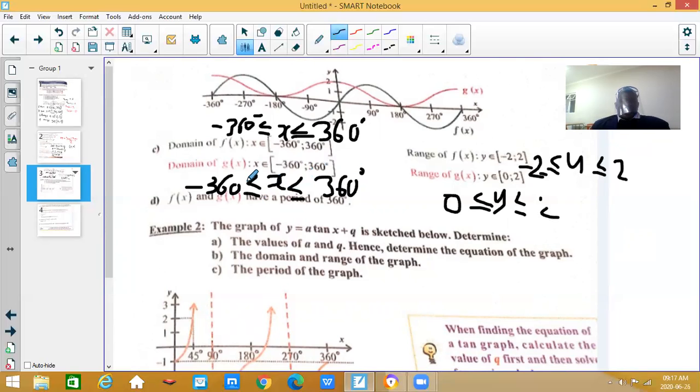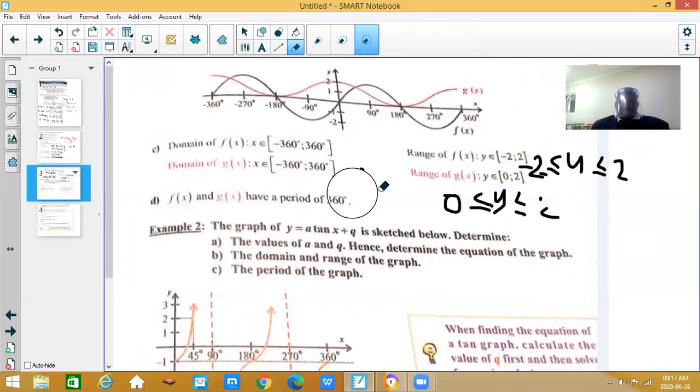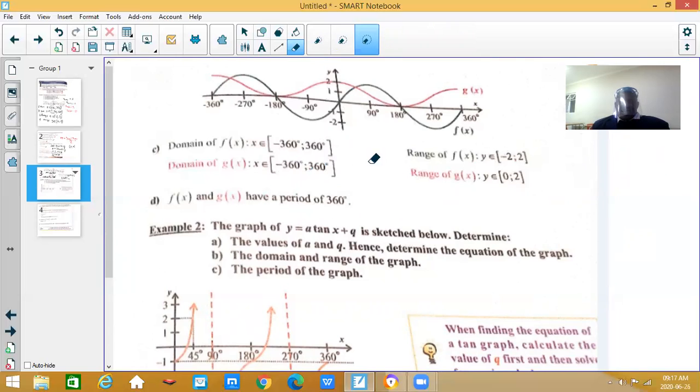Okay. Now we want to look at the period. Let me use red.